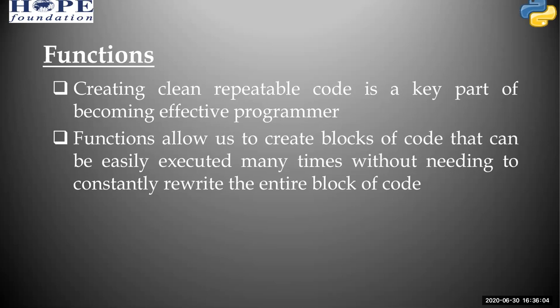Creating clean, repeatable code is a key part of becoming an effective programmer. Functions allow us to create blocks of code that can be easily executed many times without needing to constantly rewrite the entire block of code.